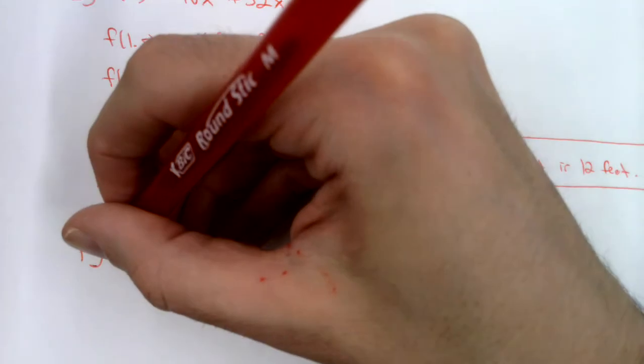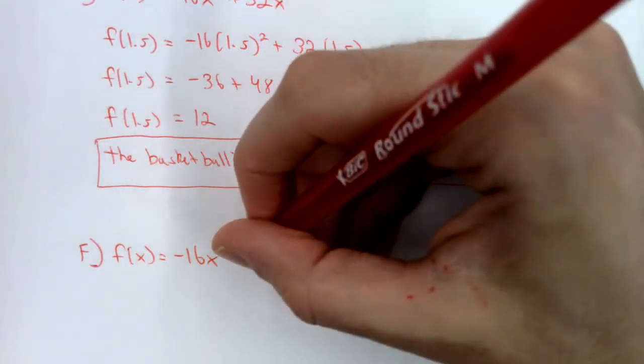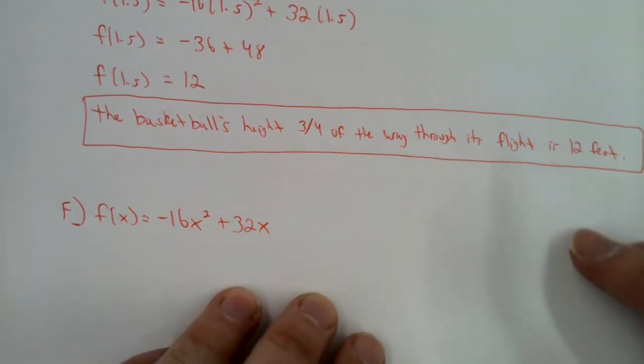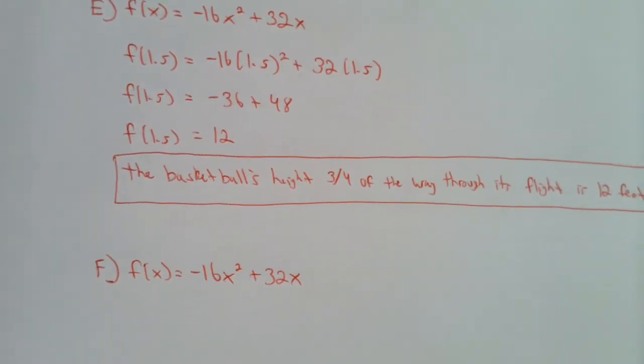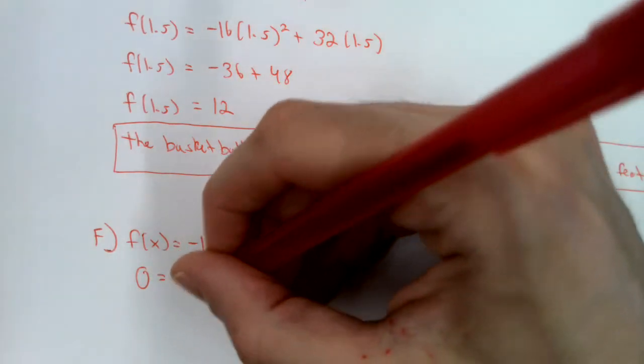There you go. Let me start by recopying the formula. F of x equals negative 16x squared plus 32x. And again, the question, how long is it in the air? Well, the height should be 0 when it hits the ground. I'm trying to figure out when it hits the ground.